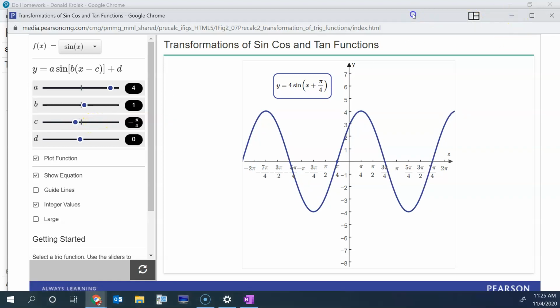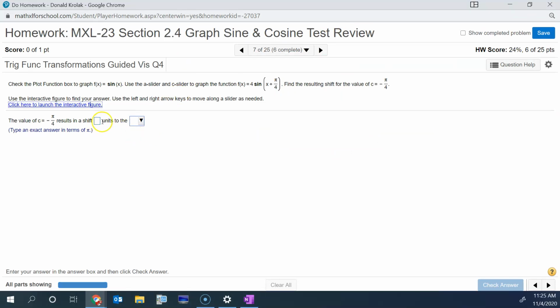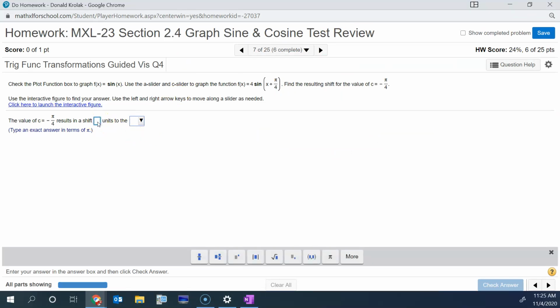Now I just answer the questions. Results in a shift, negative pi over 4 units. And you do it for your values, pi over 4. And that one was left.